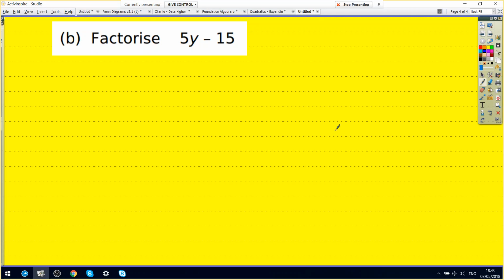So would the first bit be 5? Yeah. I know the last bit would be 3. The middle bit, would that be 1?